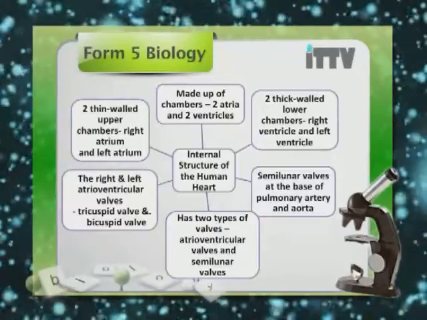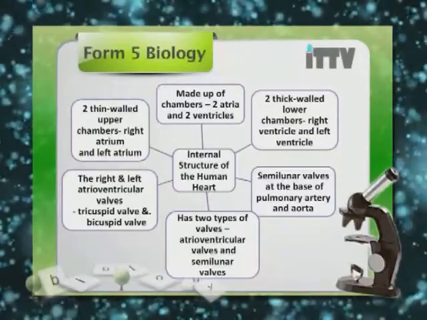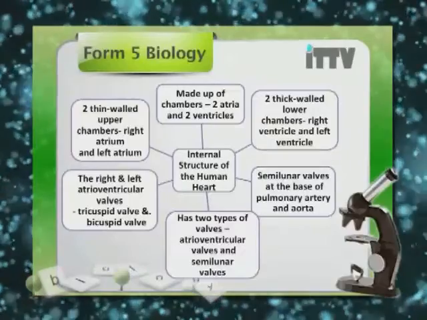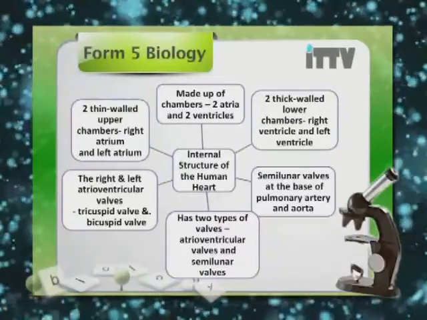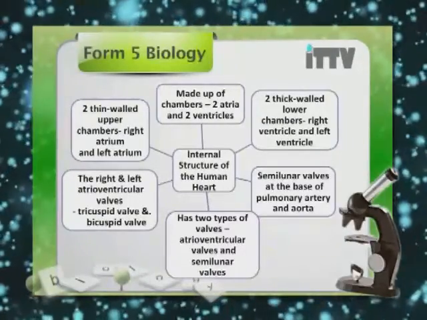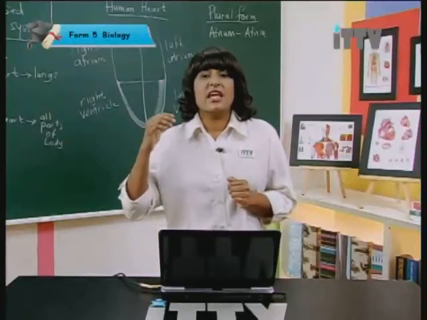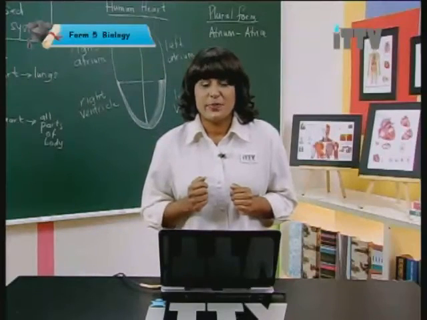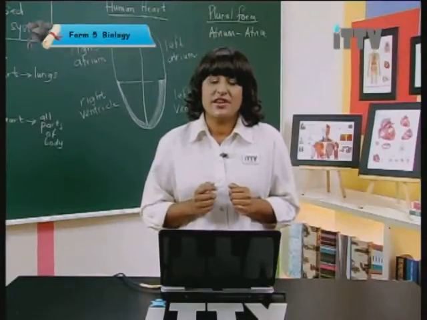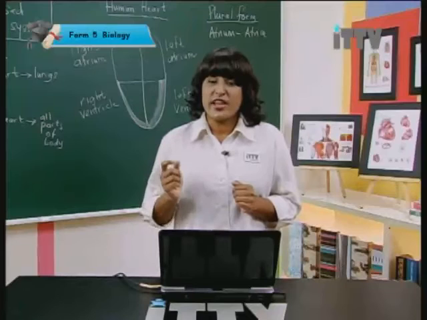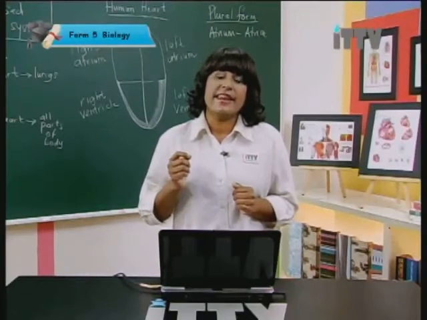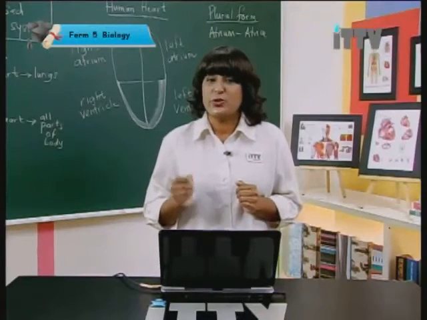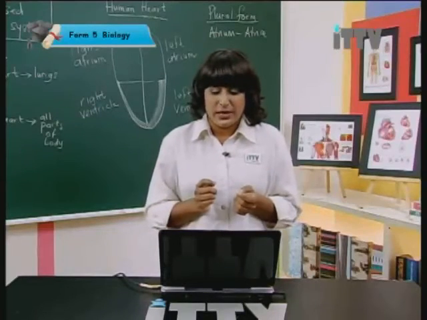Contraction of the right atrium and the right ventricle enables the blood to be pumped through the pulmonary artery back to the lungs. Well, the left atrium and the left ventricle receive oxygenated blood from the lungs via the pulmonary vein, and the contraction of the left ventricle enables the blood to be pumped through the aorta to all parts of the body.